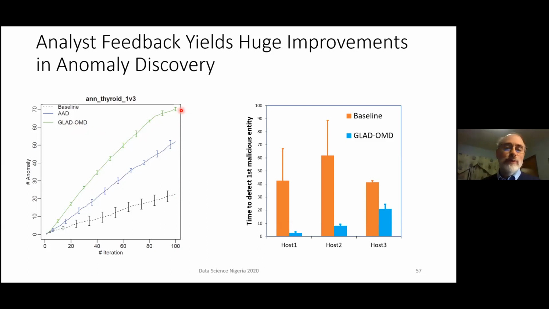Now, I was a little worried about this because this was done on benchmark data sets, and we know that the anomalies there come from well-defined classes for which the features are adequate because it's been designed for classification. Well, we were part of a grant in which there was a red team that was introducing advanced persistent threats, so cyber attacks, into a small computer network that had 3 hosts on it.